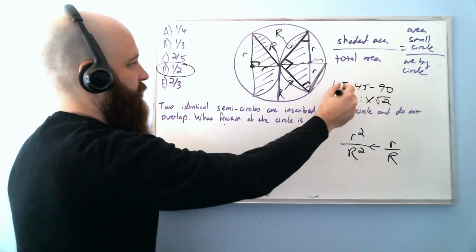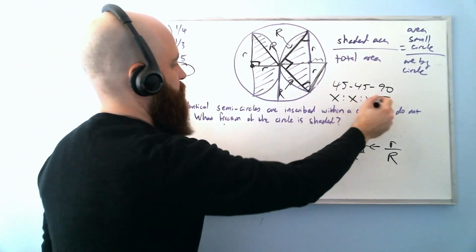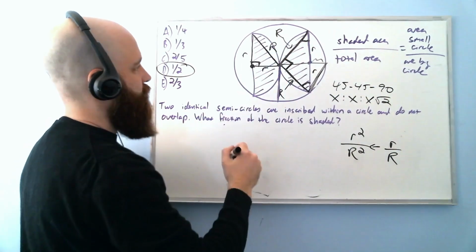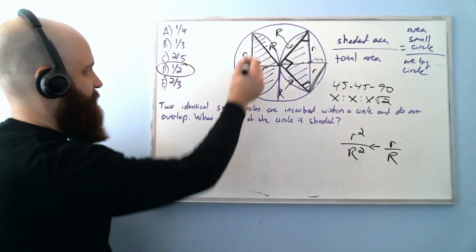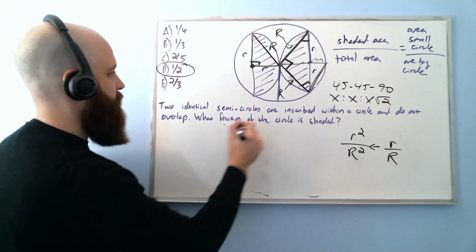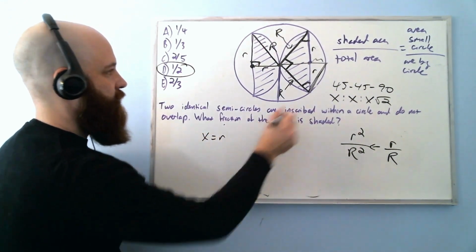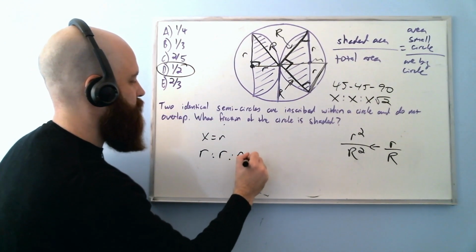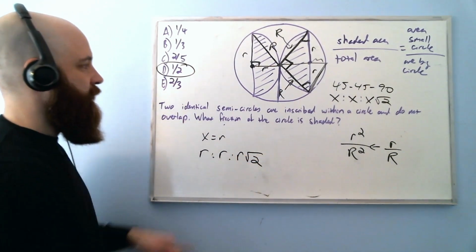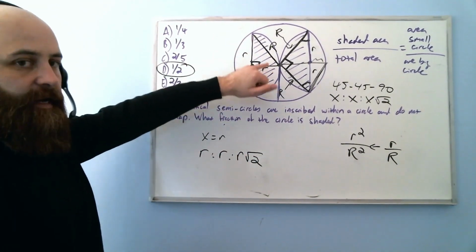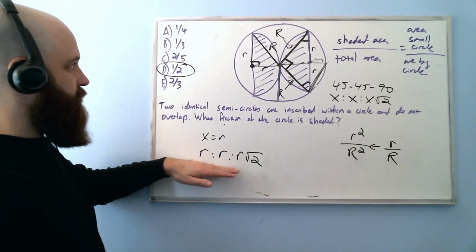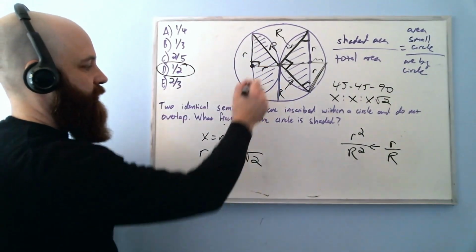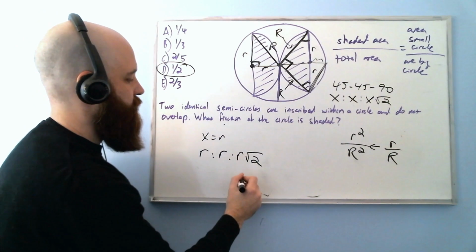So in this case, x root 2, that's the ratio of those sides. But for this 45, 45, 90, x is equal to little r. So this ratio would be r to r to r root 2. Now again, I've successfully related little r to big R because I also know that that hypotenuse is equal to big R.